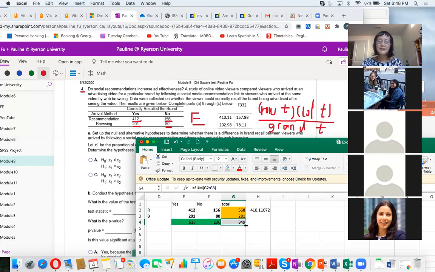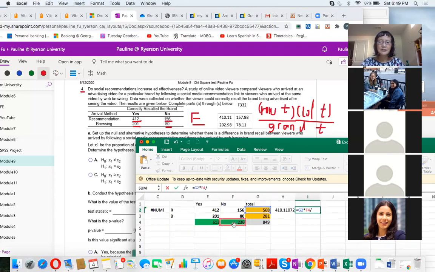Okay, any questions? Okay, once you understand this expected value, you do the expected value for 156. What is the expected value for 156? I put the result here equal to row total times column total divided by grand total. Okay, any questions? Enter.